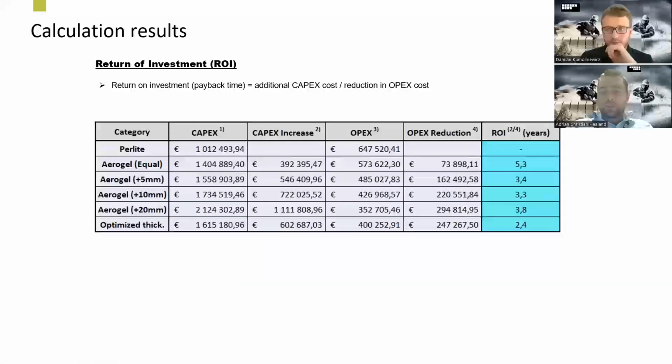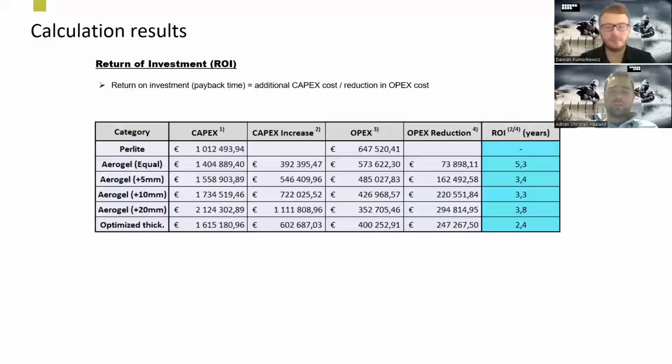Of course, the management at Lotte Chemical are concerned with the financial figures. Why should they put on more and more expensive insulation? Why should they invest in more energy efficient insulation materials?